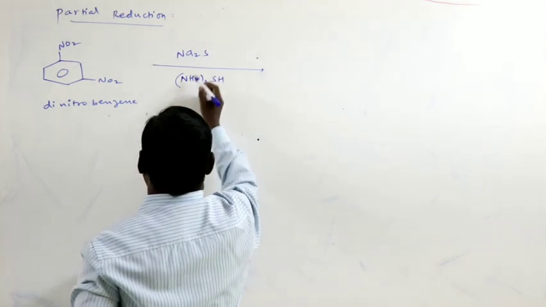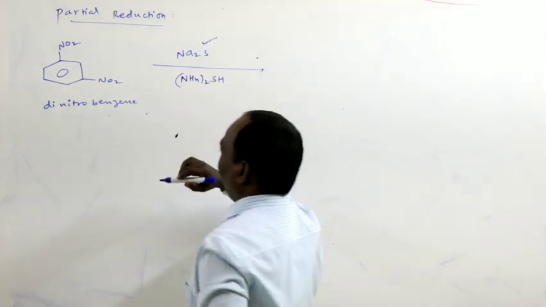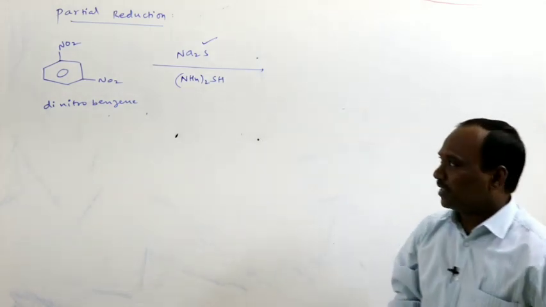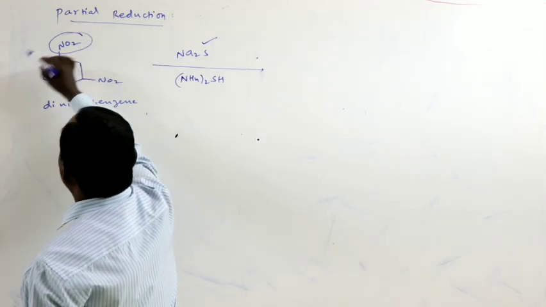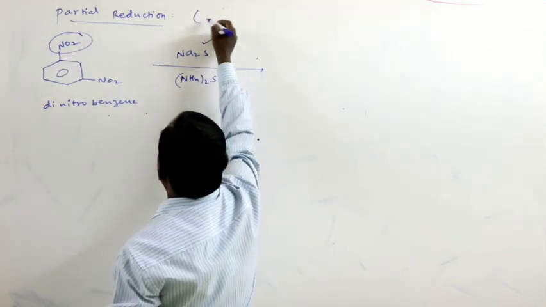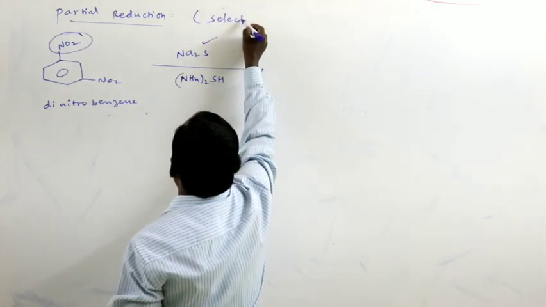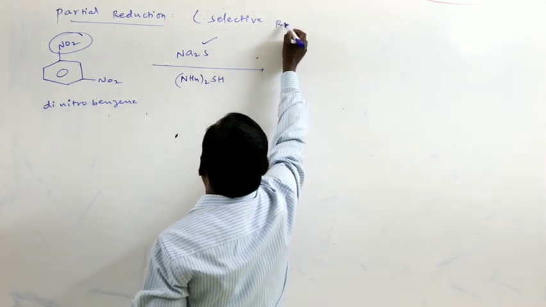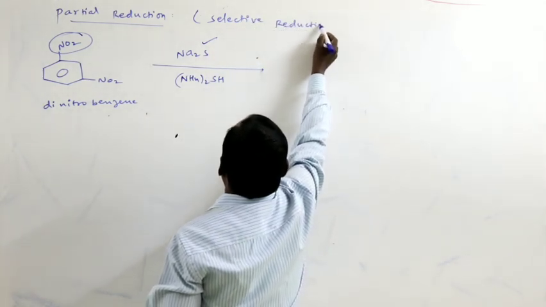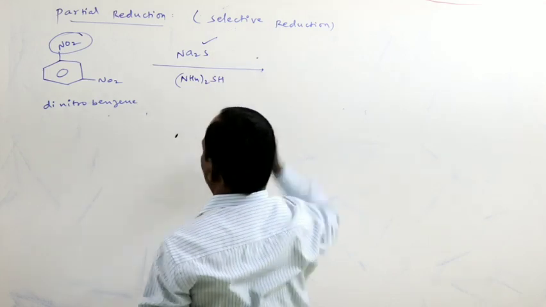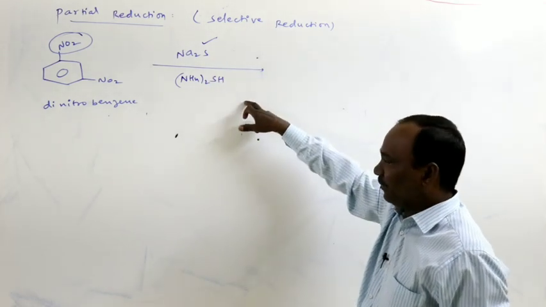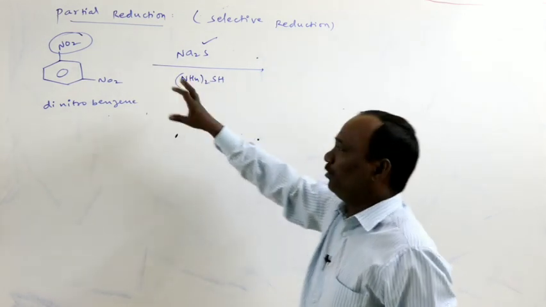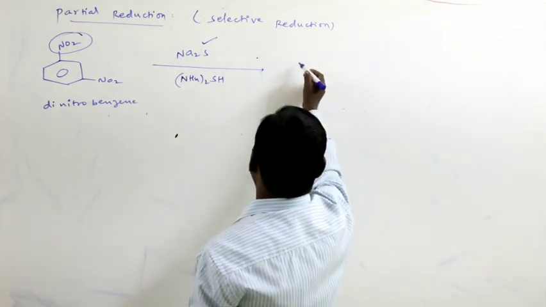In the presence of this sodium polysulfide, especially only one NO2 group is reduced. This is also called selective reduction. Selective reduction means in the presence of sodium polysulfide, only one NO2 group is reduced into an NH2 group.